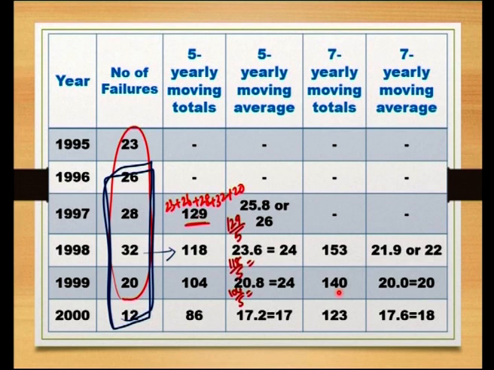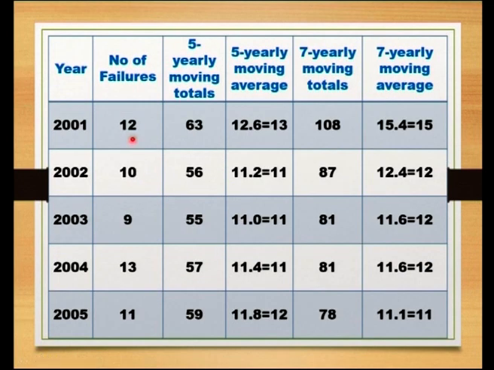Similarly, 140 is calculated as the 7-yearly moving total leaving the first value, because the first 7 values constitute 153. Leaving the first value, we take the second, third, fourth, fifth, sixth, seventh and eighth values as the next 7 values, and that total is 140.